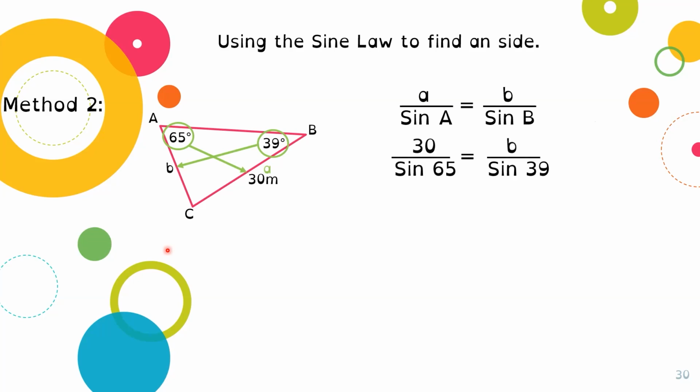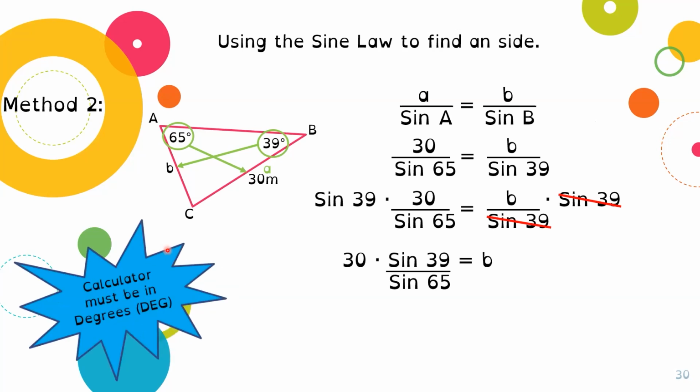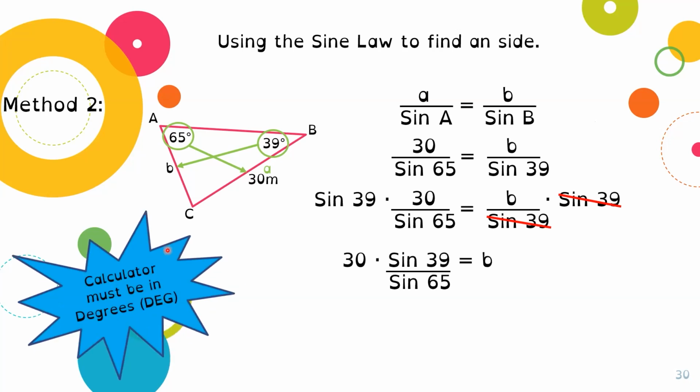We're going to put in everything that we know. 30 over sine 65 is equal to b over sine 39. We're going to multiply both sides by sine 39 in order to isolate for b. So that means that it cancels off on the one side, which now means that we're left with 30 times sine 39 divided by sine 65 is equal to b.